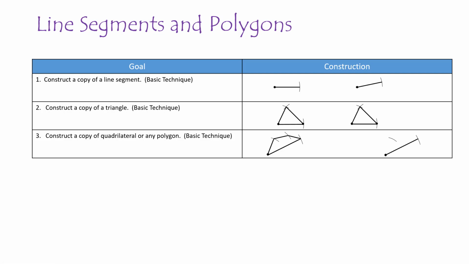You measure the second open vertex and draw an arc for that. Then you go over to the other endpoint of the first side and you measure to the first open vertex and you draw that, so there's a crosshatch. And then you measure to the second open vertex and you make another crosshatch like that, and then you draw on the sides. And this technique will work for any polygon.